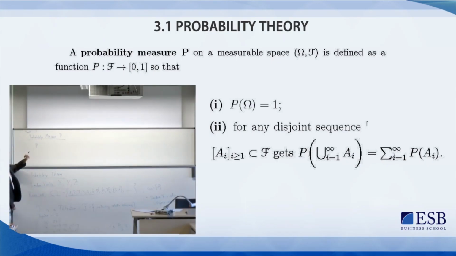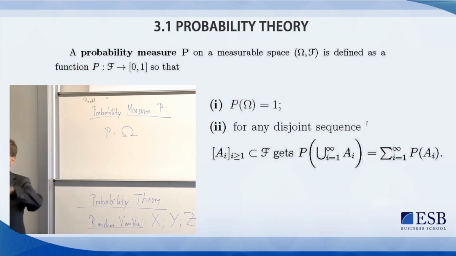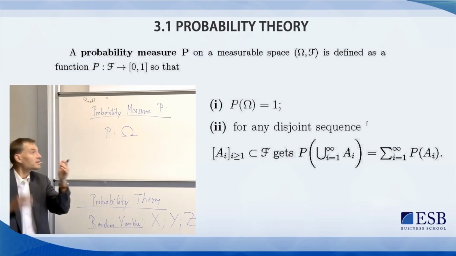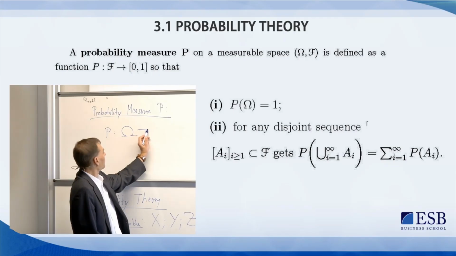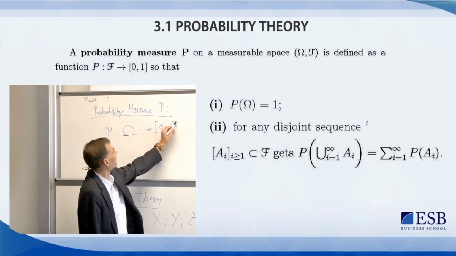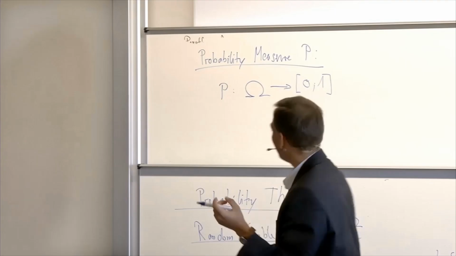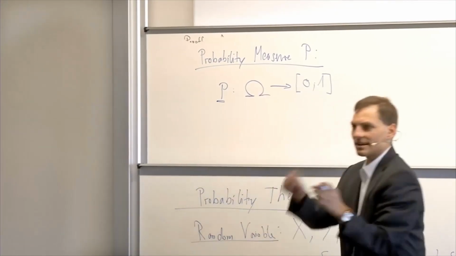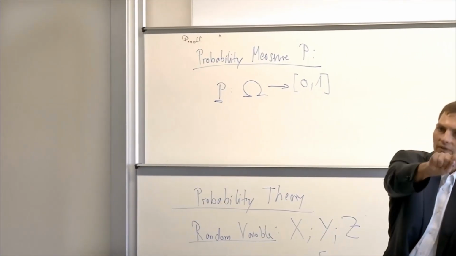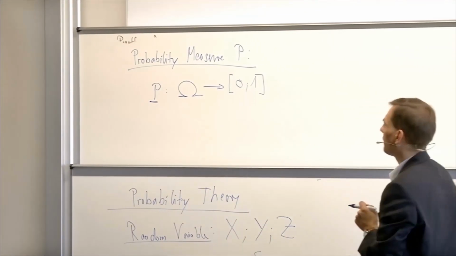It is a function relating all the events of my omega set, in the general case all possibilities, and plotting all these possibilities onto a set between 0 and 1. It gives all the possibilities a probability, a likelihood. And this P is a function describing this relationship, giving events a number in the range of 0 and 1.